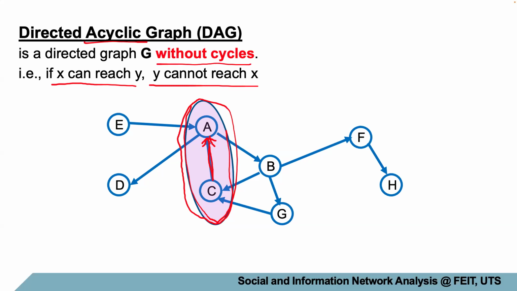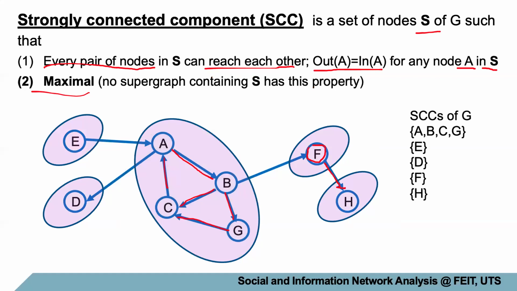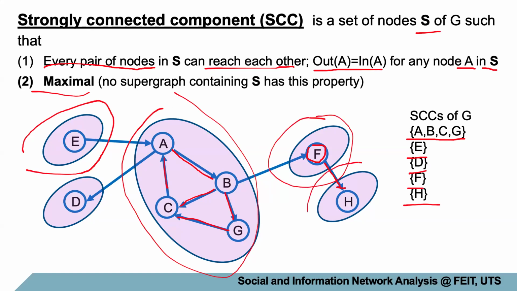Another question is why E, D, F, H are also part of an SCC. Are you referring to this slide? Rafty, sorry, I hope I pronounced your name correctly. Yeah, this slide. They don't belong to the same SCC. They are different. That means in this graph, we have 5 SCCs. This is one strongly connected component, this is another one, this is one, this is one.